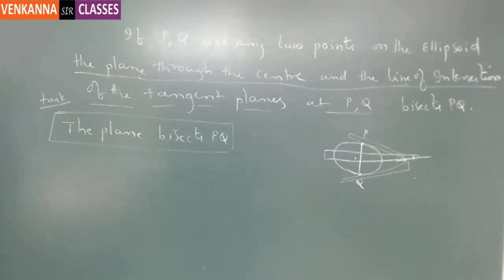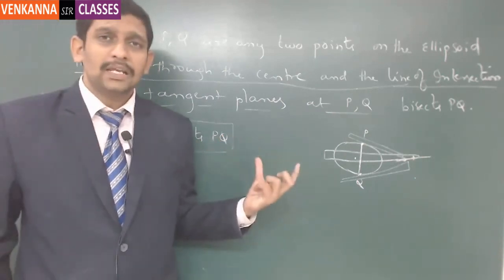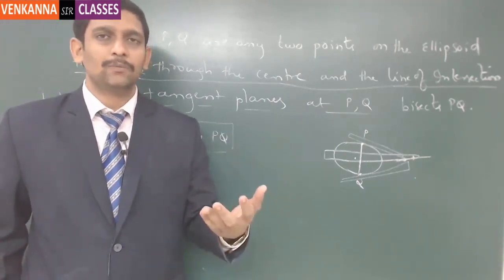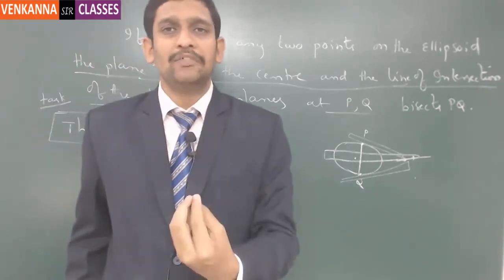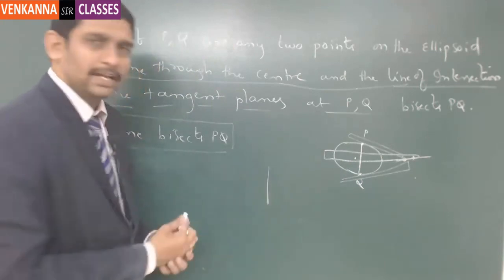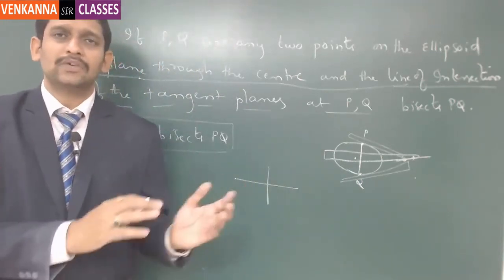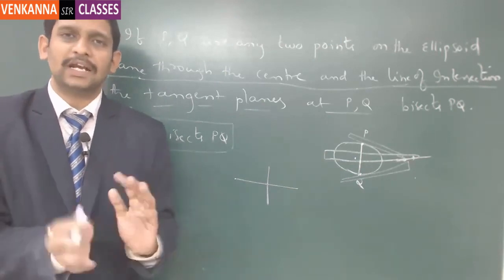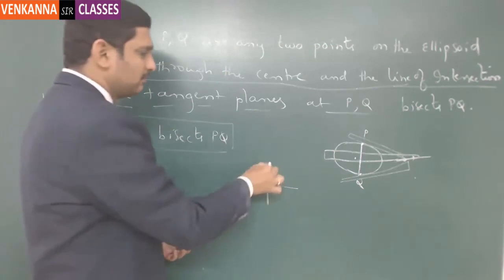Right. Now just understand that if the plane bisects PQ, in other words, let me say I have the plane equation with me. I am saying that this is a line, the plane is bisecting the line. In other words, how can I justify that the plane bisects the line if this is the line segment, say?